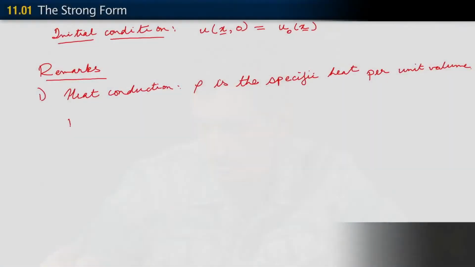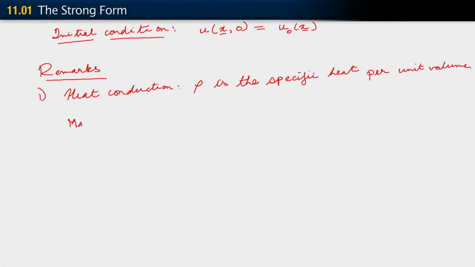It turns out that if, however, we were looking at the mass diffusion problem, rho is equal to 1. We don't need a notion of anything like a specific heat in the context of mass diffusion.